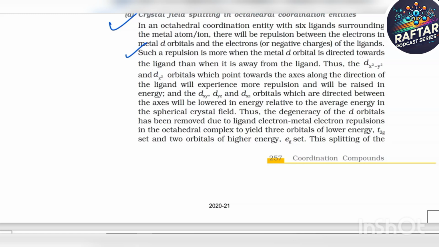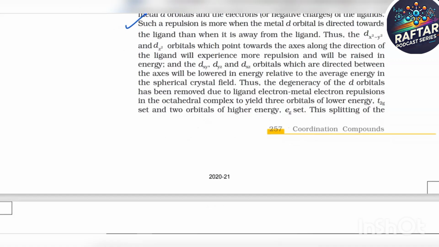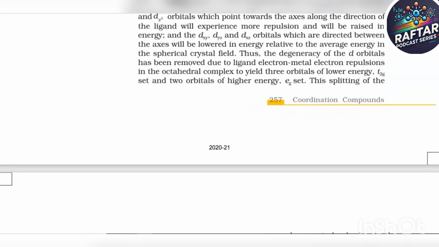Thus, the dx2-y2 and dz2 orbitals, which point towards the axes along the direction of the ligand, will experience more repulsion and will be raised in energy, and the dxy, dyz and dxz orbitals, which are directed between the axes, will be lowered in energy relative to the average energy in the spherical crystal field.